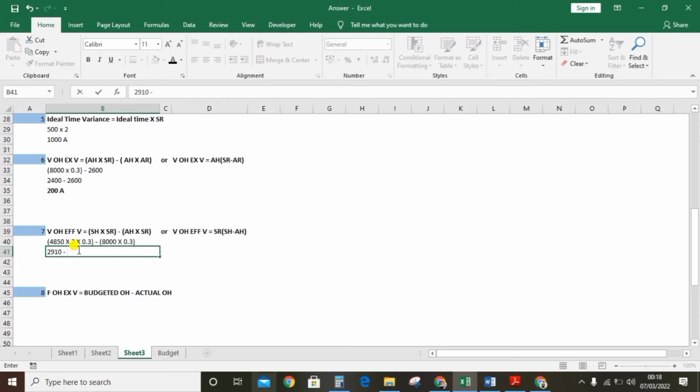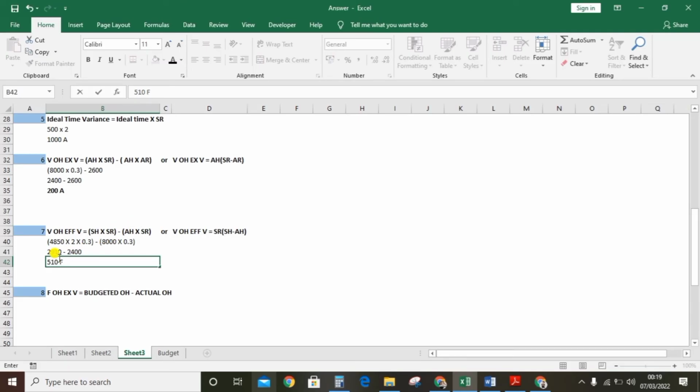So 2,910 minus 2,400. So there's a difference of 510. This is a favorable variance because we compare the hours, standard hours and actual hours, not the rate. On this side we use standard information, on this side actual information.